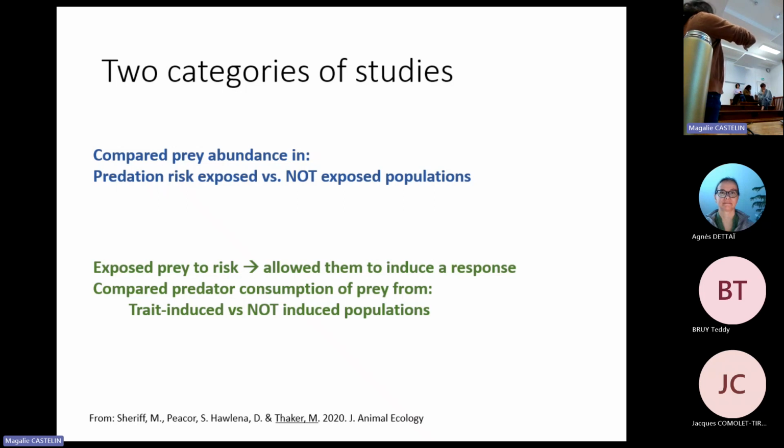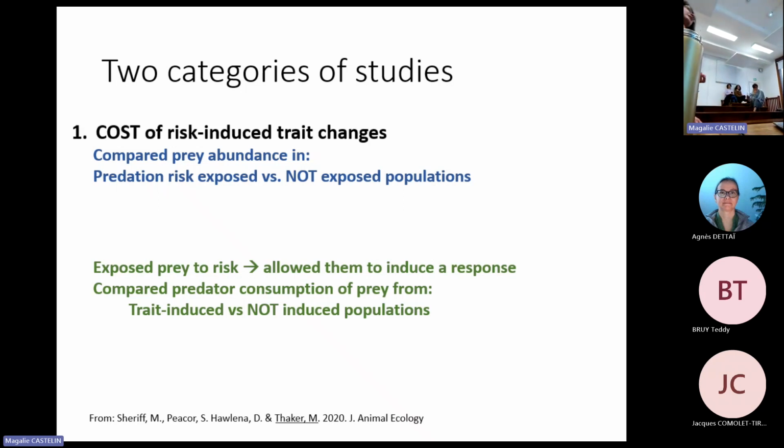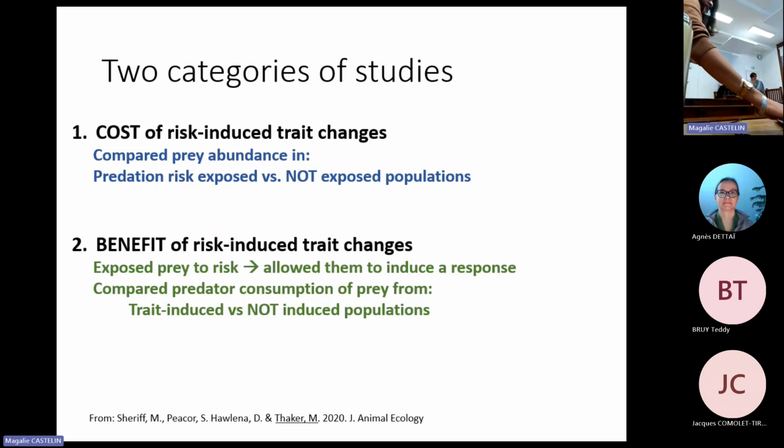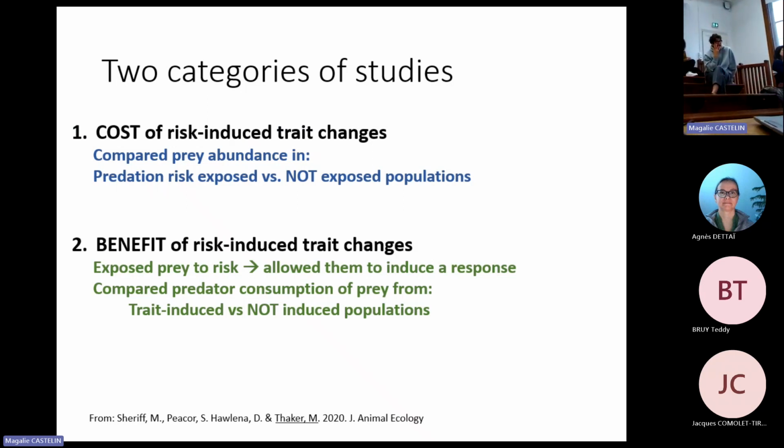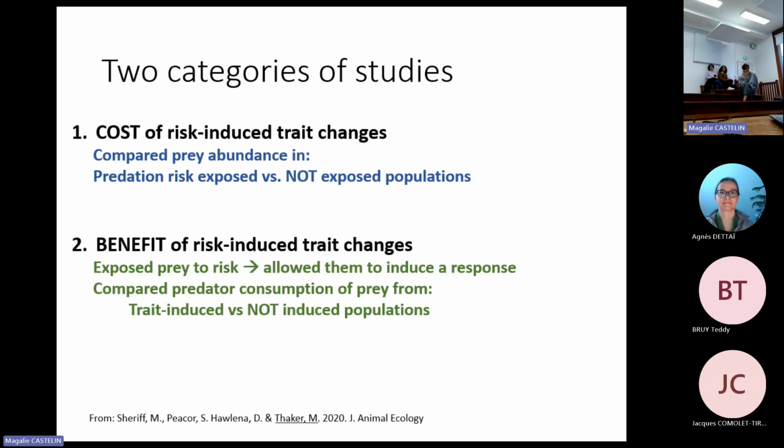So that first step, prey have to do something. And then they compared predator consumption of prey that responded versus those that didn't. These two categories of studies actually measure two different things. The first one measured the cost of risk-induced changes, and the second measures the benefit of responding.